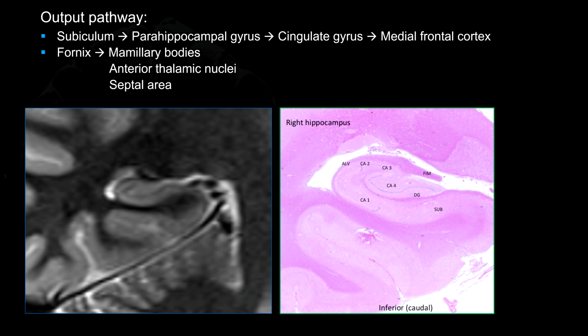For example, one such pathway is from the hippocampus through the subiculum, going out into the parahippocampal gyrus, then to the cingulate gyrus and into the medial frontal cortex. Another one is the one that we showed earlier. That's through the fornix, extending to the mammillary body, which in turn extends into the anterior thalamic nuclei, then to the subcallosal area.